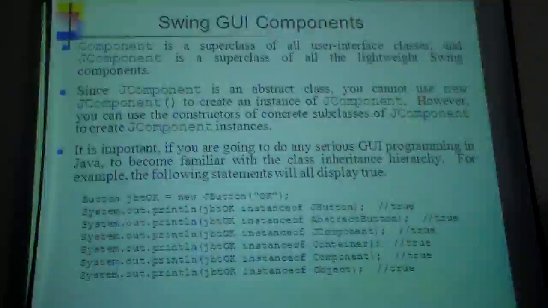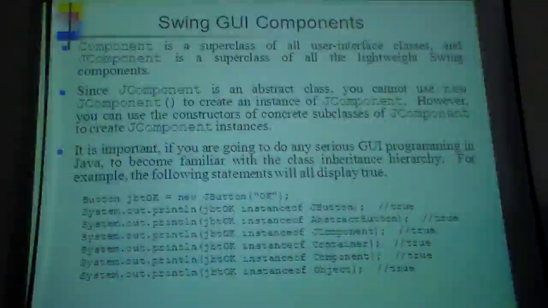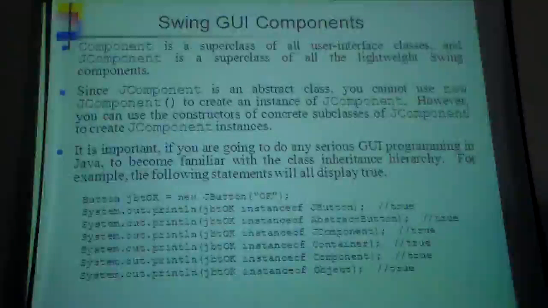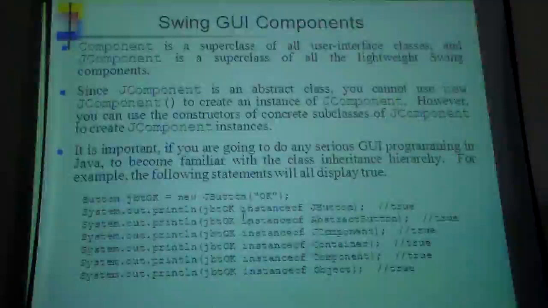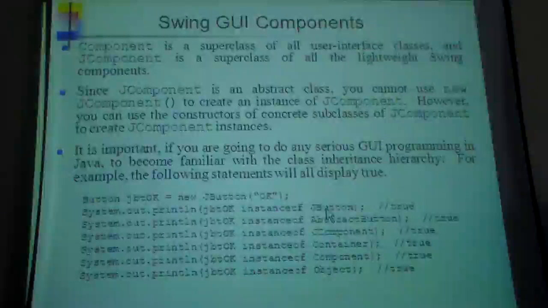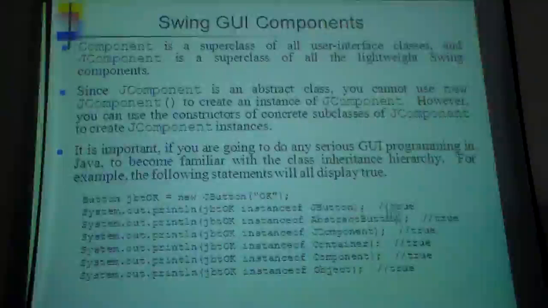instanceof. For example, JButton instanceof JButton: it is true or not. This word checks if this object inherits from that class. If it is not, it will be false.